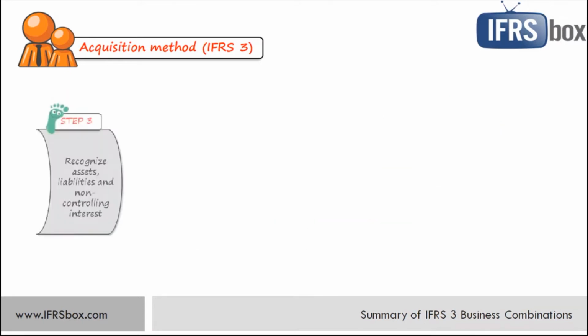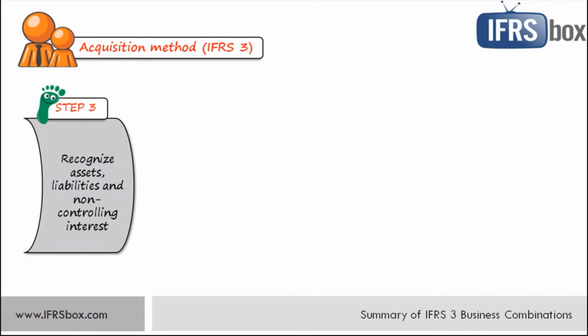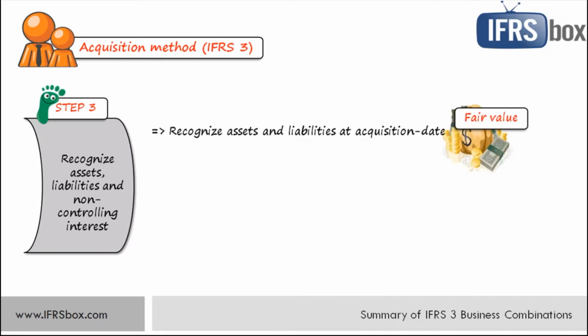Recognize and measure the identifiable assets acquired, the liabilities assumed, and any non-controlling interest in the acquiree. An acquirer or investor shall recognize all identifiable assets acquired, liabilities assumed, and non-controlling interest in the acquiree separately from goodwill.